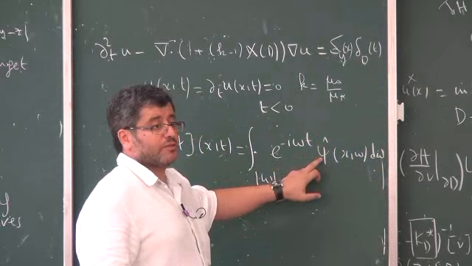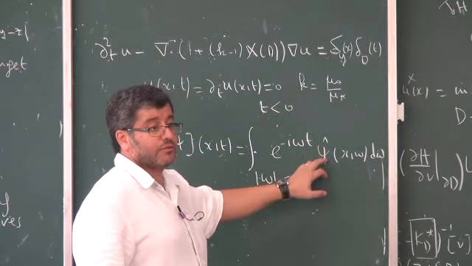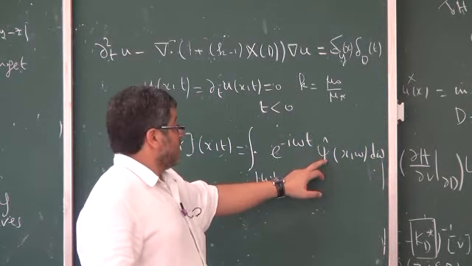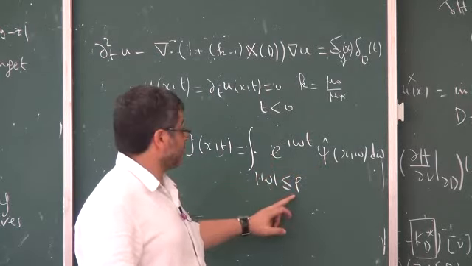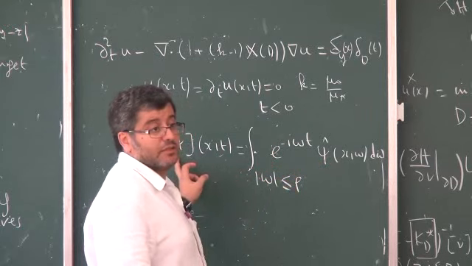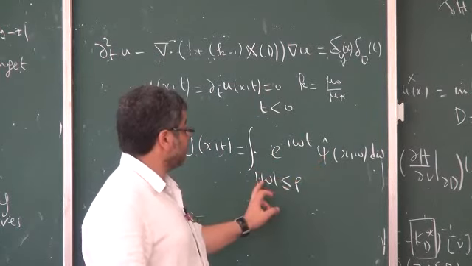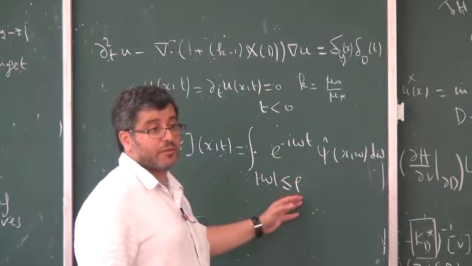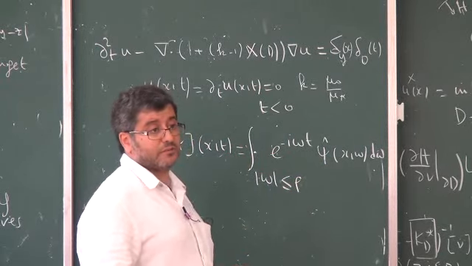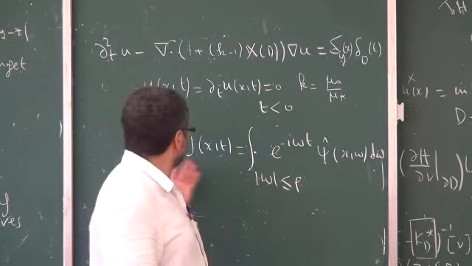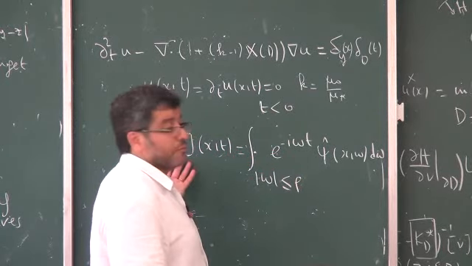Hat is for the Fourier transform. We take a function, we take its Fourier transform, we take its inverse Fourier transform. If rho is infinity, then this is psi. Now we take its Fourier transform, we truncate all the high frequencies, make them 0, and we take its filtered version.